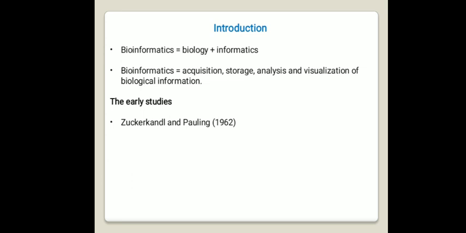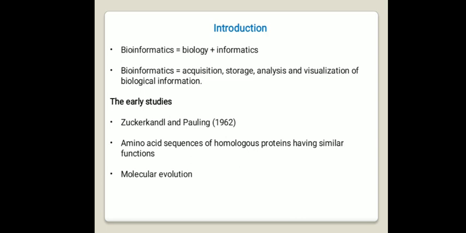This proposal was based on the observation that amino acid sequences of homologous proteins, the proteins having similar functions, were similar. This initiated a new field of study called molecular evolution.